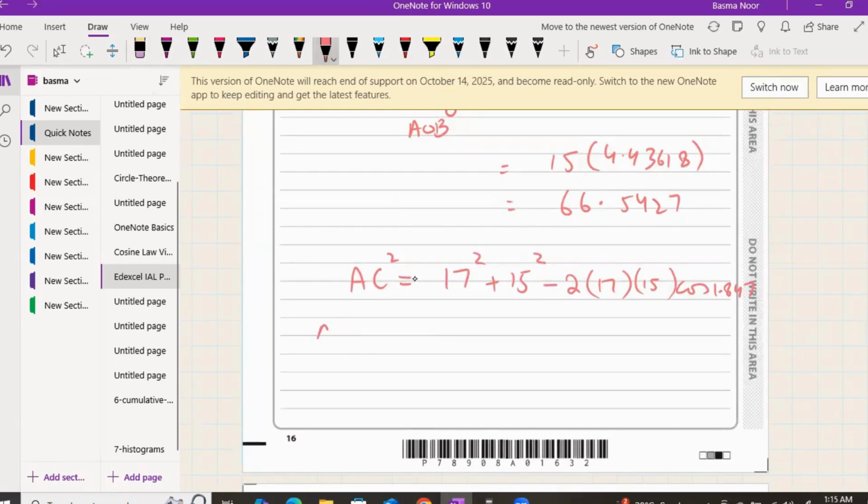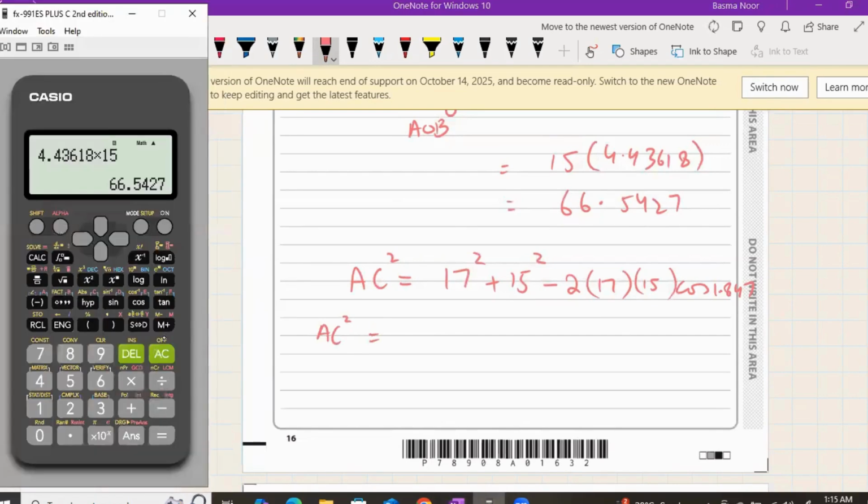So AC squared equals, I just put the whole thing in the calculator at once: 17 squared plus 15 squared minus 2 times 17 times 15 times the cosine of 1.847. That is the squared value.